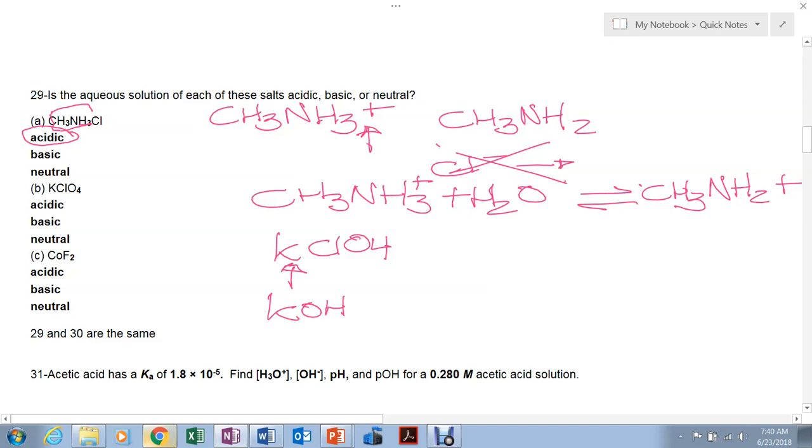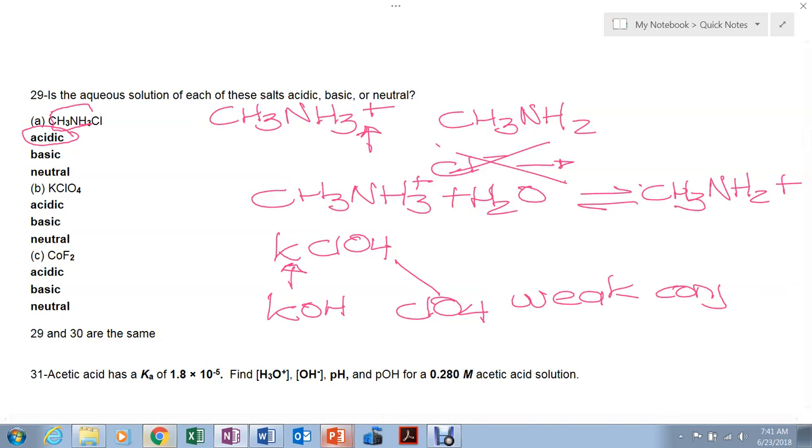And this would be the conjugate base of a strong acid, which makes it a weak conjugate base. And it's like the example I gave you on the PowerPoint.